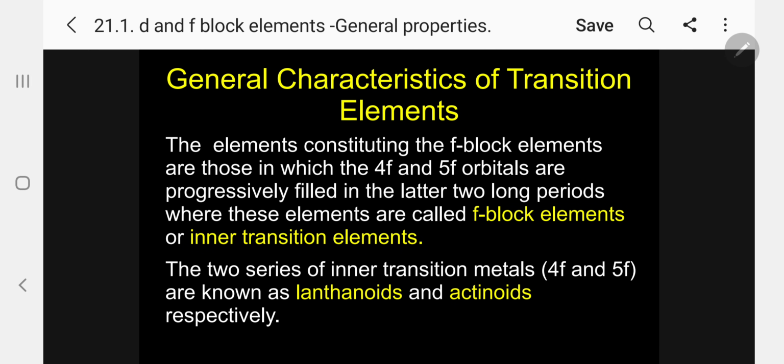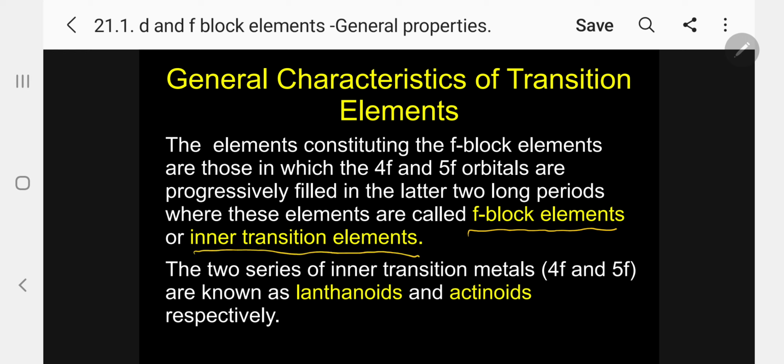The elements constituting the f block elements are those in which the 4f and 5f orbitals are progressively filled in the latter 2 long periods. These are called f block elements. They are placed separately below the long form of the periodic table, also known as inner transition elements.